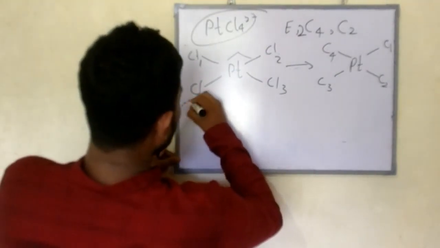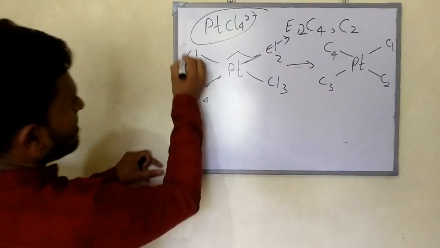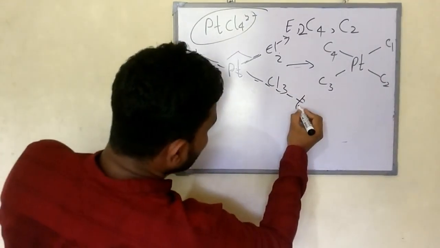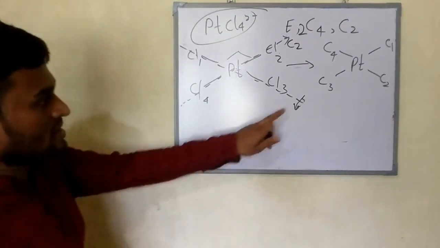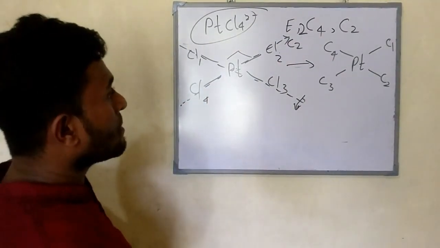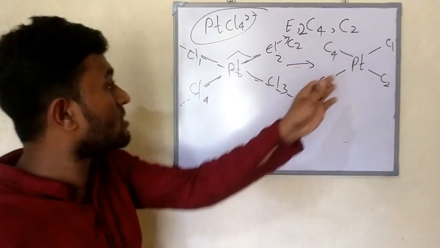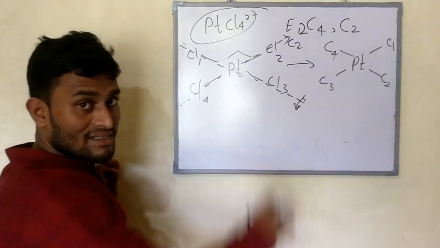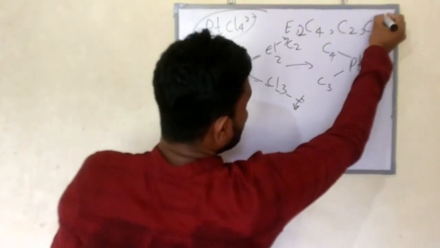Here one plane will be like this. Another similar plane is there. So this is another C2, this is another C2. These two C2s are same. But it should be different to this C2 because this C2 goes through the middle and these C2s are going through the axes. So we can call it C2 dash.